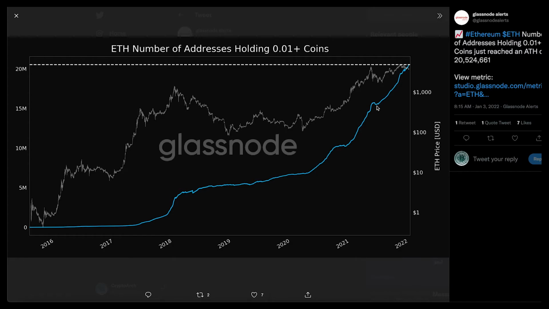Either the NFT hype or the DeFi hype or everything that Ethereum is bringing to the game is definitely working, because there are a lot of new addresses or people holding more Ethereum. The fact is, people are still believing more in Ethereum right now, rather than just believing Bitcoin is the king and Bitcoin is the crypto, which personally I don't believe, right?